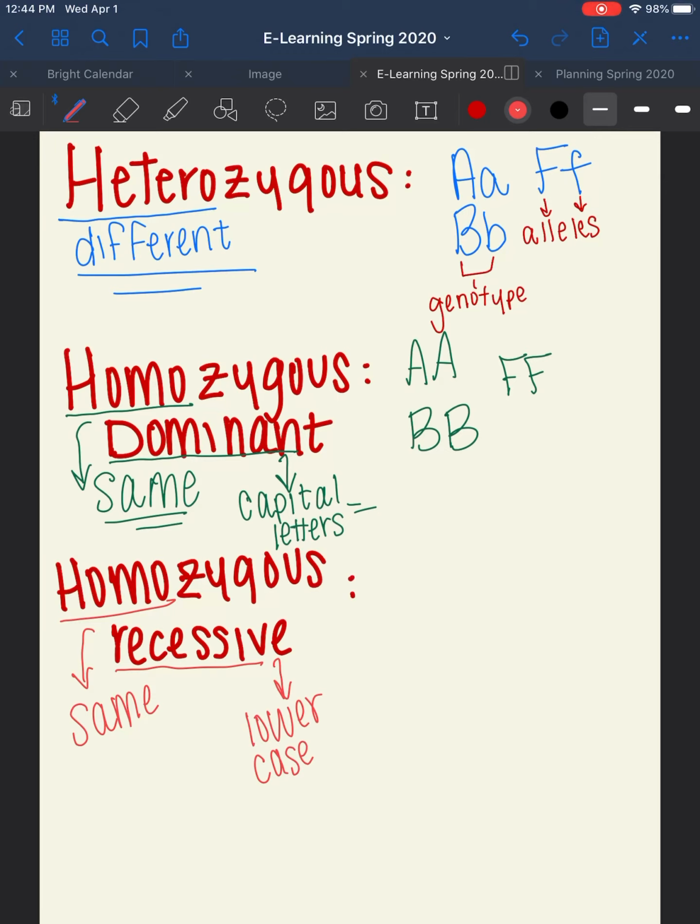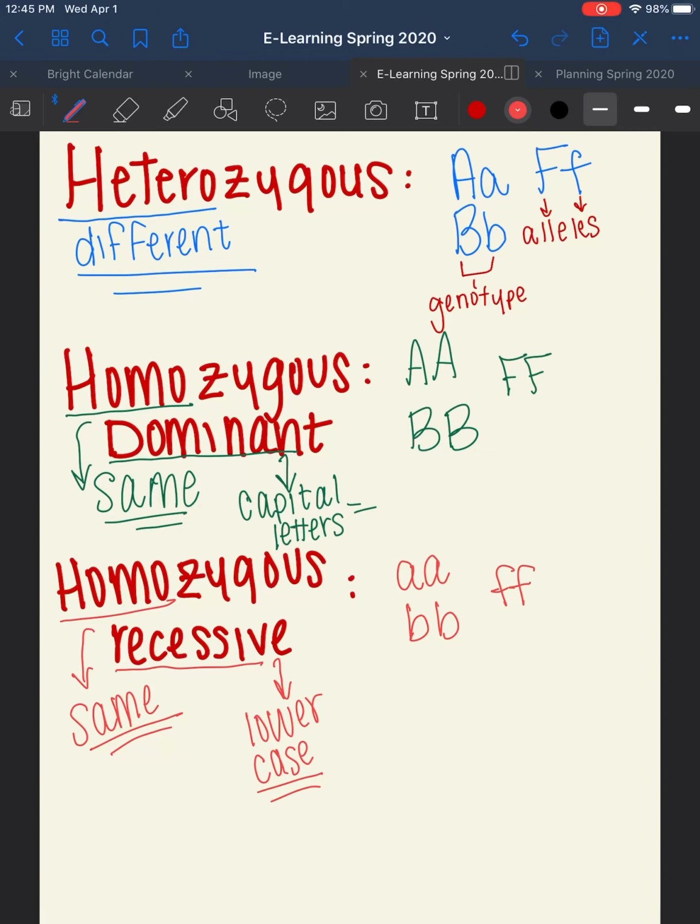The genotype here is going to be represented by two lowercase letters, two letters that are the same size, and they are both lowercase. We will see that with lowercase a, little b, little f, little f.